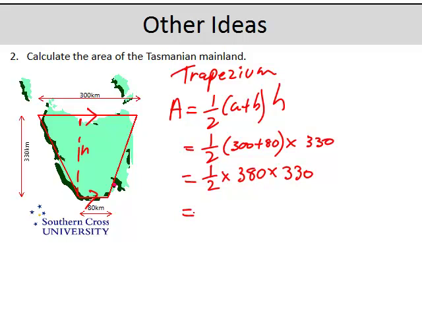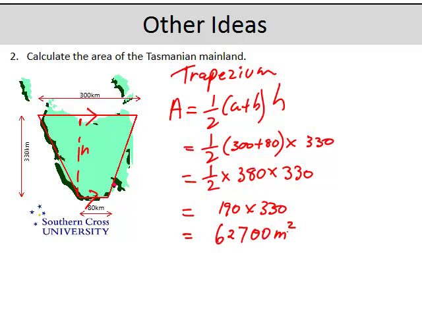I can do the half bit in my head, so that's 190 times 330, which is equal to 62,700.